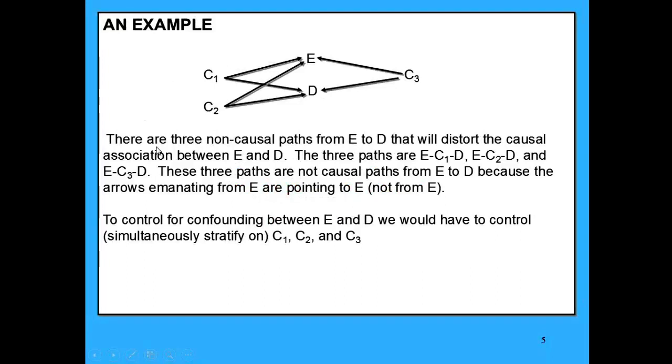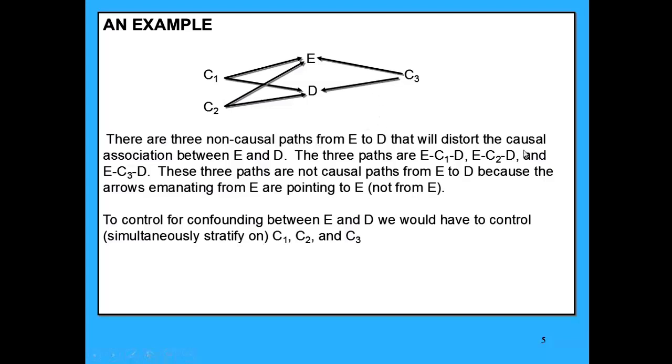Anyhow, it gets more complicated when you start drafting your DAGs. If you had this picture, what would it say about whether you should consider controlling for C1, C2? And now I have three C's in here. Should you control for C1 or C2 or C3 or all of them? These are a bunch of paths.